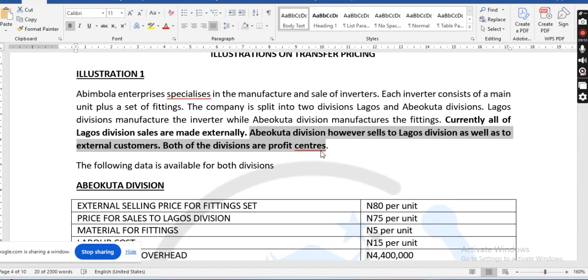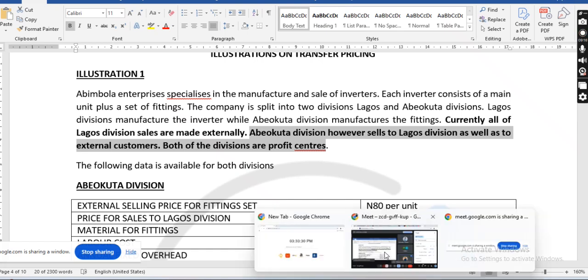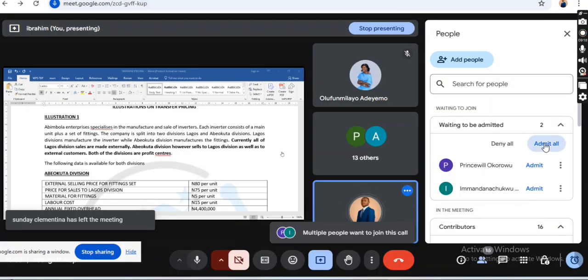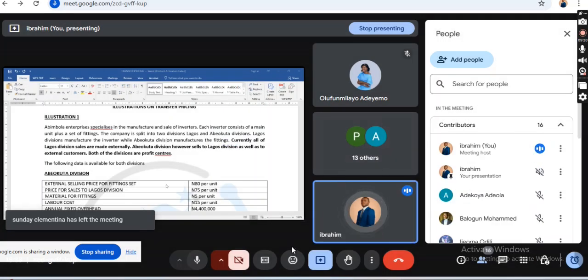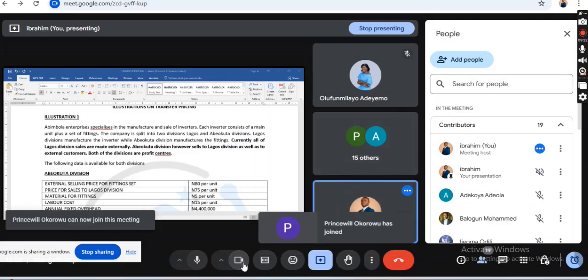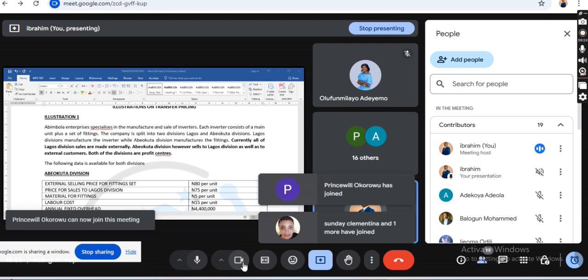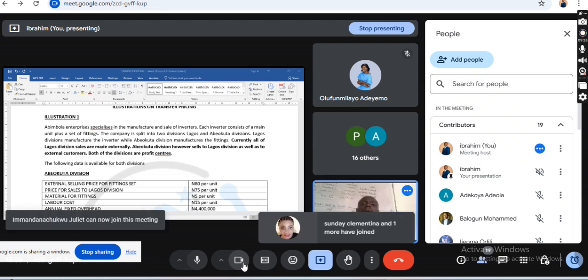You need to understand who wants to manufacture, and what components they will use in manufacturing the product. Let me give an instance here. Adiola is producing maybe a phone, and there are two divisions.